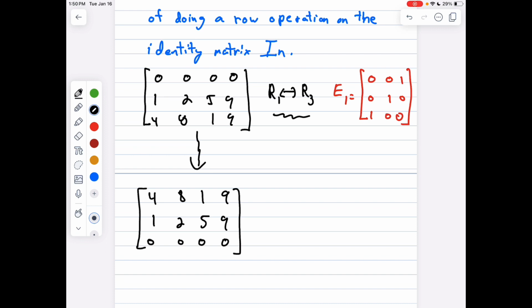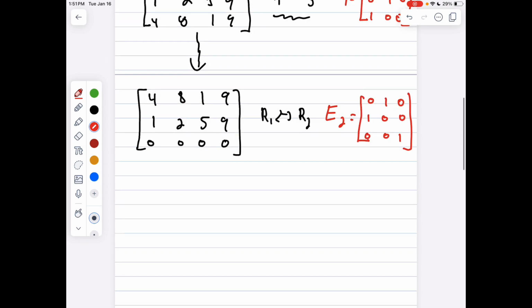Now I'd like to have a 1 where the 4 is, because that's a pivot position. So I'm going to do that by swapping the first and the second row. And I'm going to write the elementary matrix that mimics that. So this would be 0, 1, 0, 1, 0, 0, 0, 0, 1. And we'll put that result right down here. So this would be 1, 2, 5, 9, 4, 8, 1, 9, and zeros.